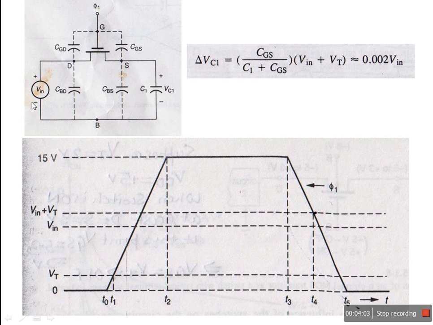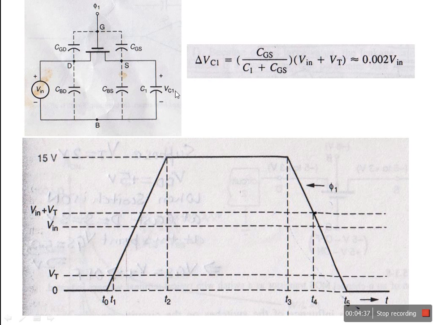So it has nothing to do with this circuit. Switch is off. So the capacitor may discharge due to the presence of CGS. It will be very less value. The loss of voltage by the capacitor through CGS will be very less, but it is some value. So we can calculate this value using this equation.